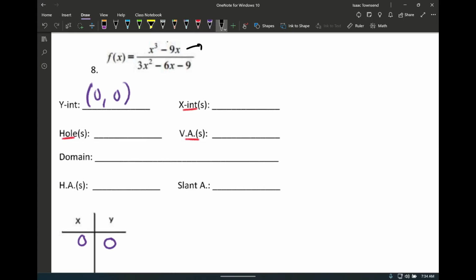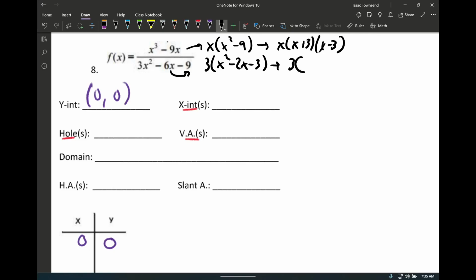So to factor the numerator, you should have taken out a GCF and then factored the difference of 2 squares. Things can factor more than once. The denominator also had a GCF and then factored further.